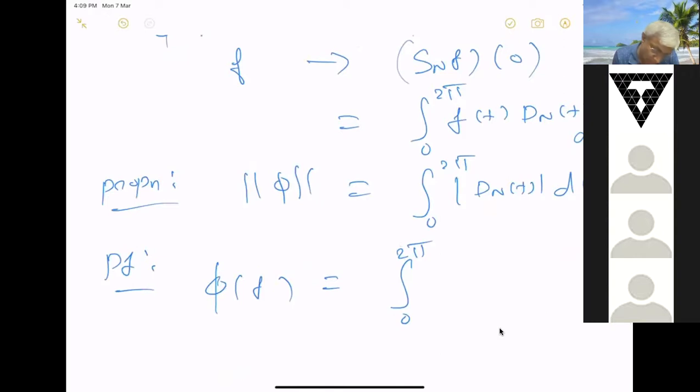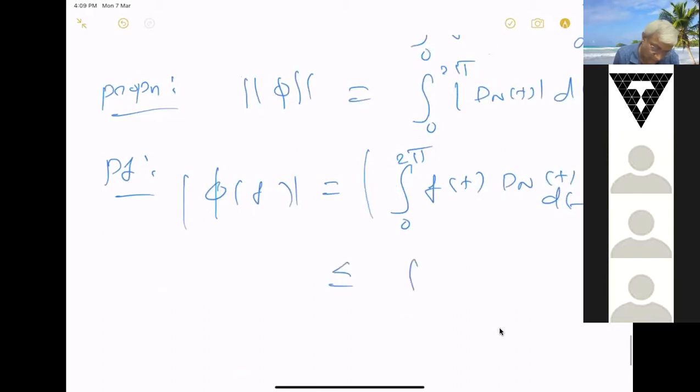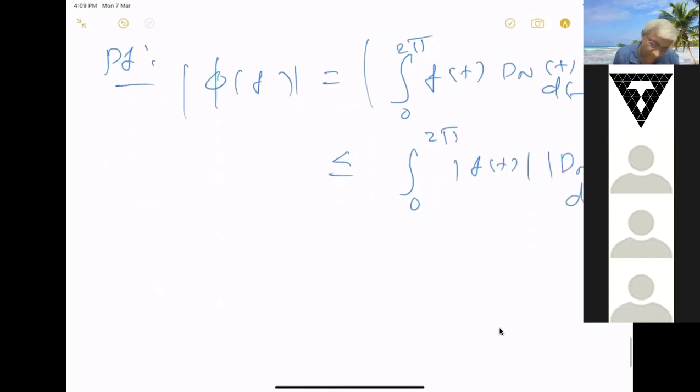So this is equal to the integral of f of t D_n(t) dt. The mod of this is less than or equal to the integral 0 to 2 pi of mod f of t times mod of D_n(t) dt, which is less than or equal to norm f infinity times the integral of mod D_n(t) dt.